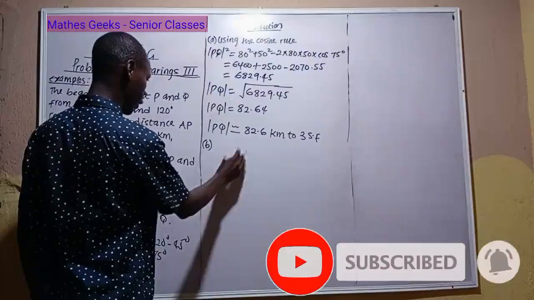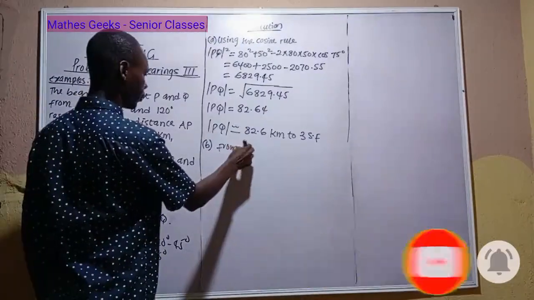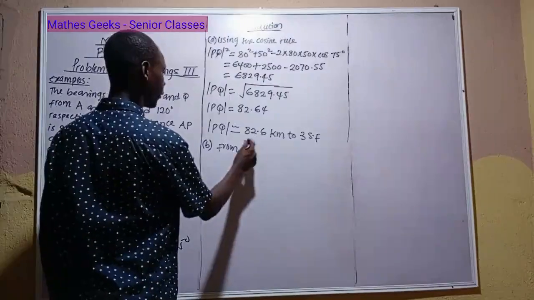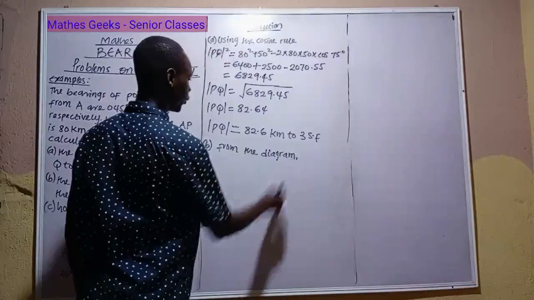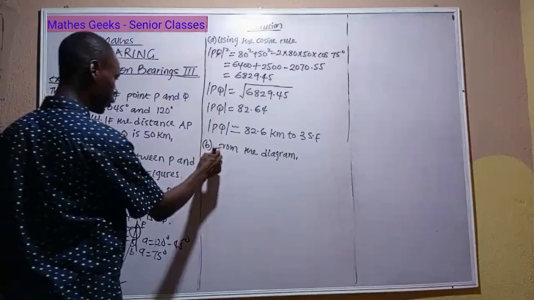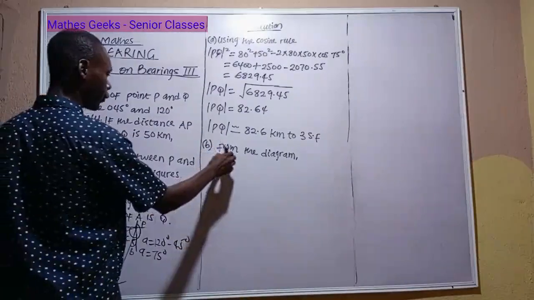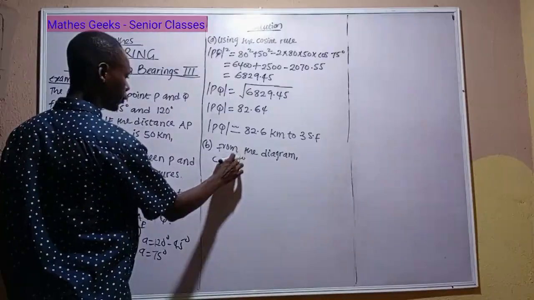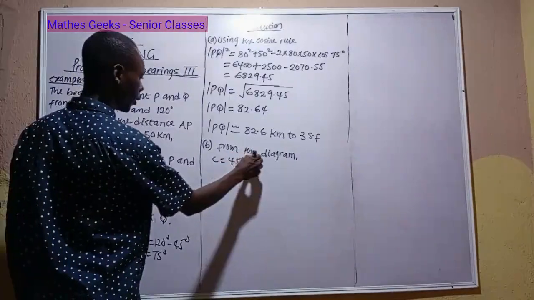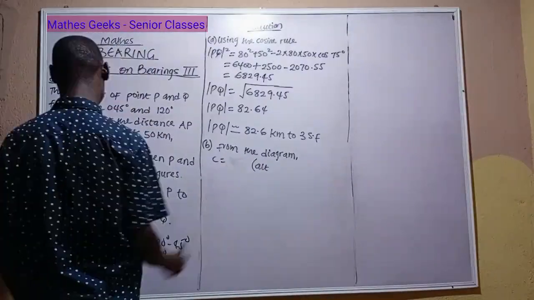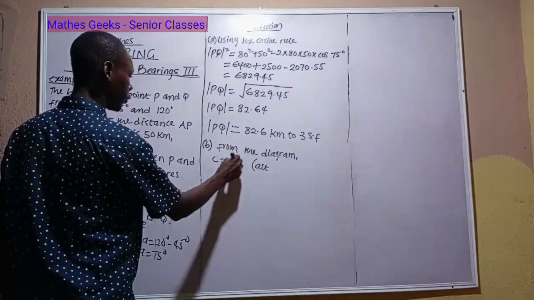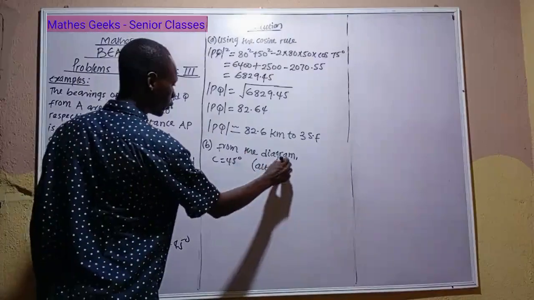From the diagram, C is equal to 45 degrees. Why? Alternate angles.